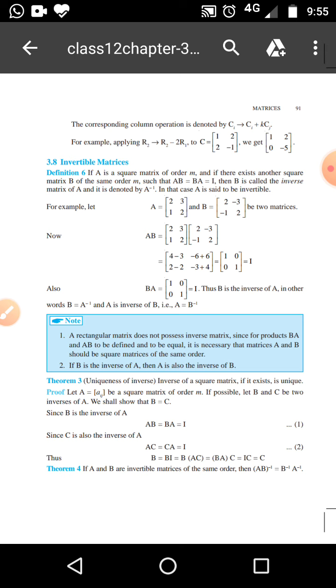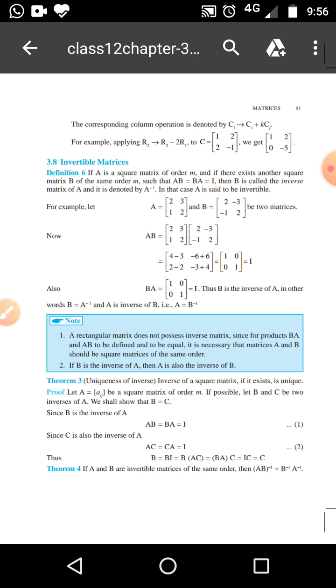That means if A is a matrix, then it has only one inverse, A inverse. A has no other inverse other than A inverse. That's why it is the uniqueness of inverse.